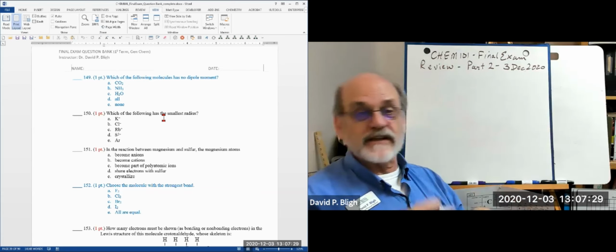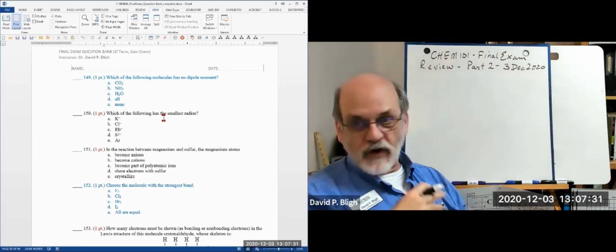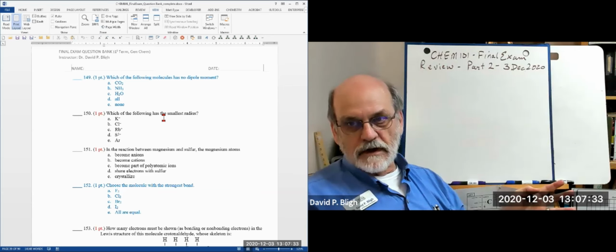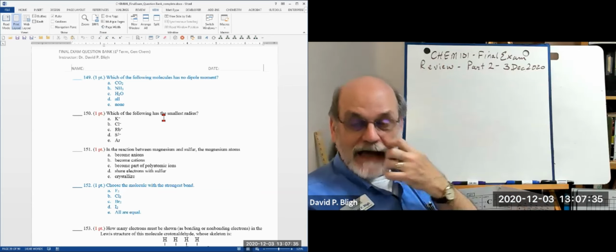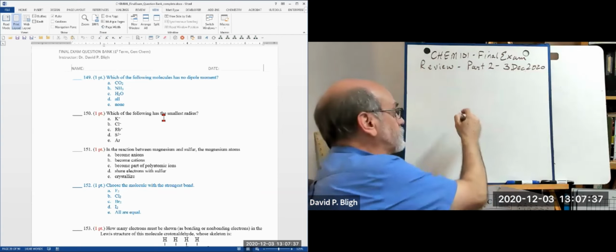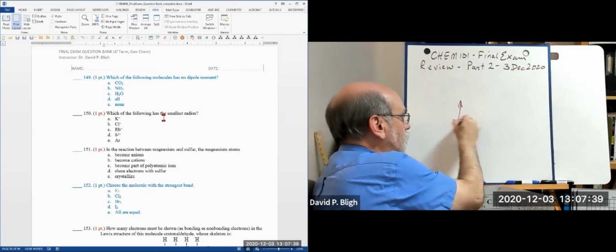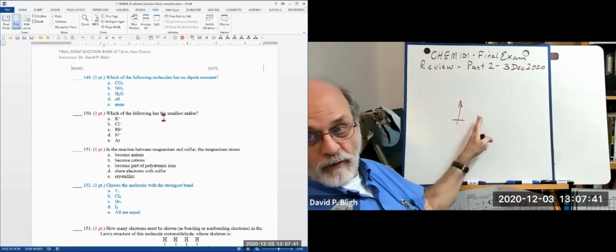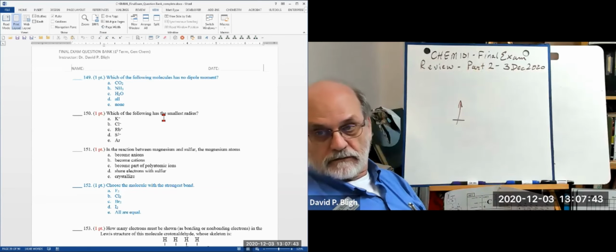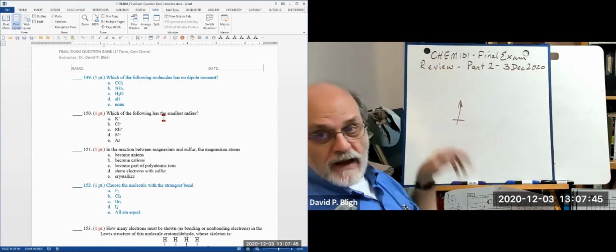If the electron density is the same all over, then you have no dipole. But if we shift it slightly to one side of the molecule, then you get a dipole moment in that direction. This is toward the negative, that's toward the positive.